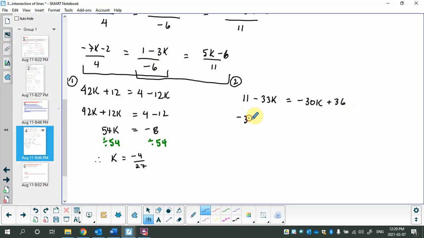So -33k plus 30k is equal to 36 minus 11. So -3k is equal to 25. Not that it matters, because this is not going to turn out to be -4/27.